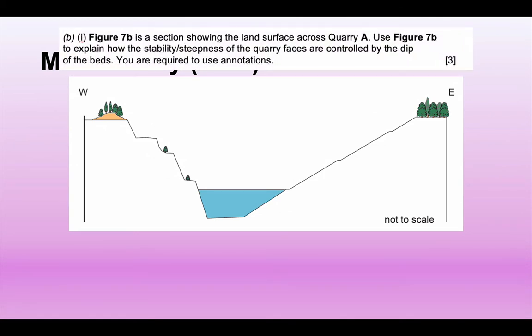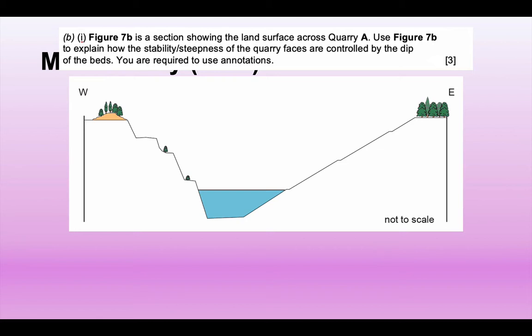We can then use this diagram to explain how the steepness of the quarry faces and therefore their stability are controlled by the dip of the beds. Unusually here, it says we are required to use annotation, so you must annotate this diagram.